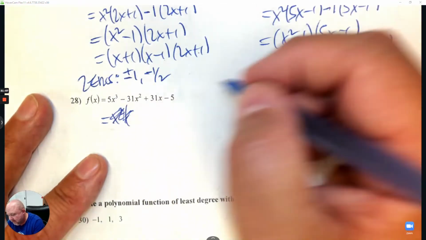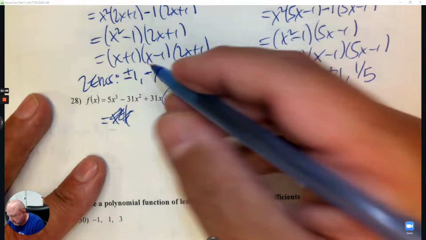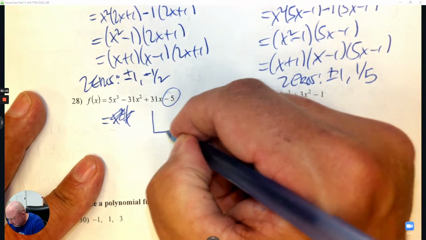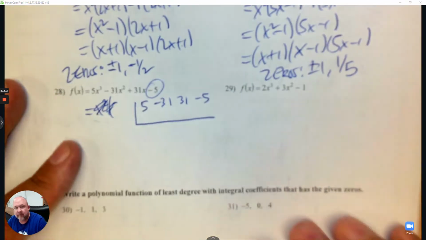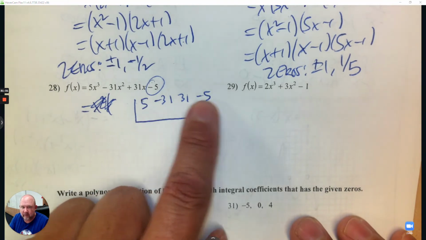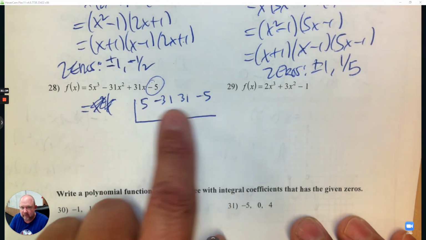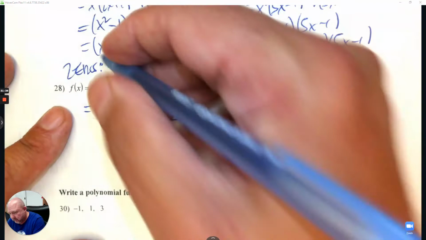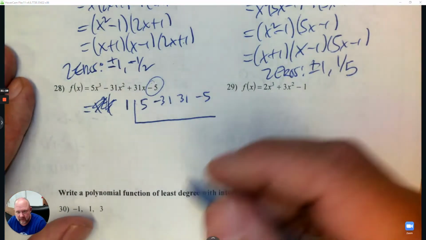So instead, if I just create a list from here, I'm going to tell you a quick way to do this, because this is what I notice. What happens when you add 5 and negative 31, 31 and negative 5? So obviously it's 0. It adds up to 0. So positive 1 is a 0.